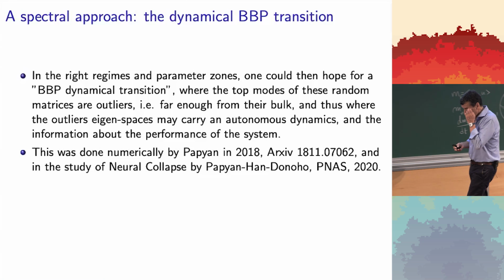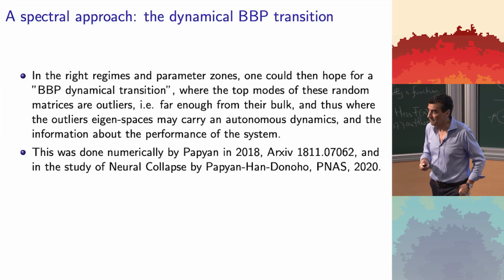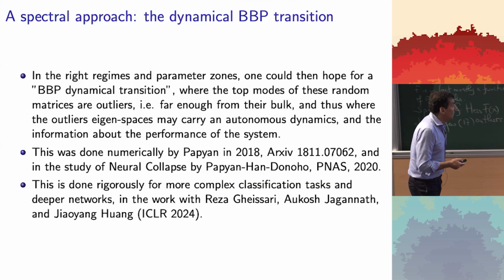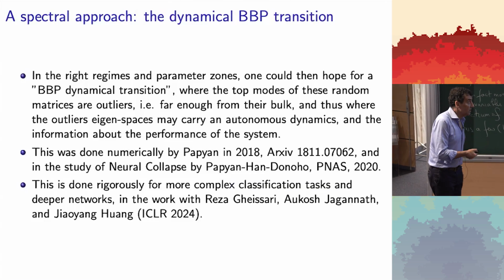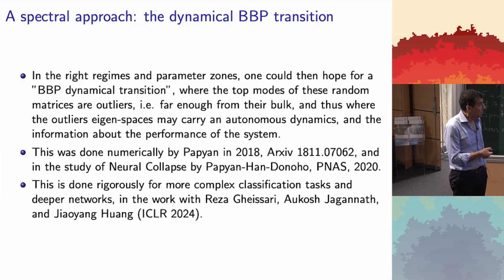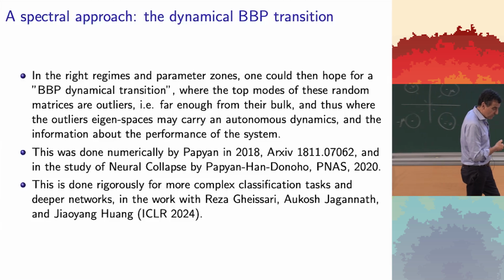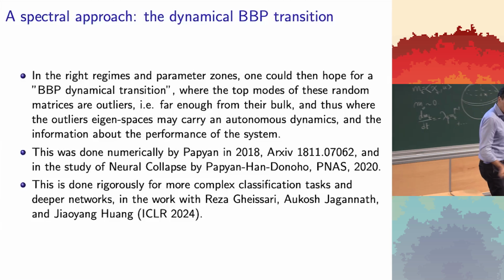The experiments there were not huge, but sufficient to be convincing in one example. And this is done rigorously for more complex tasks and deeper networks in this work with Reza Gheissari, Aukosh Jagannath, and we have added Jiaoyang Huang, who is one of the very best experts we have on the random matrix side.